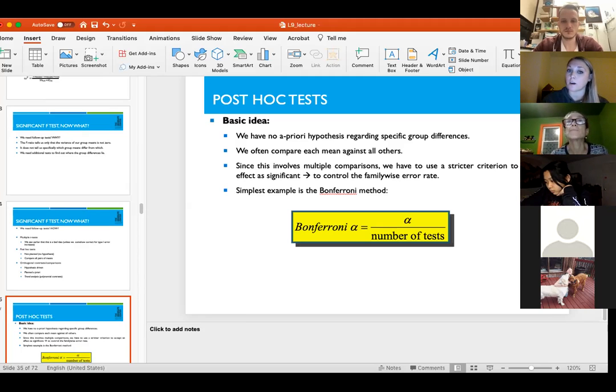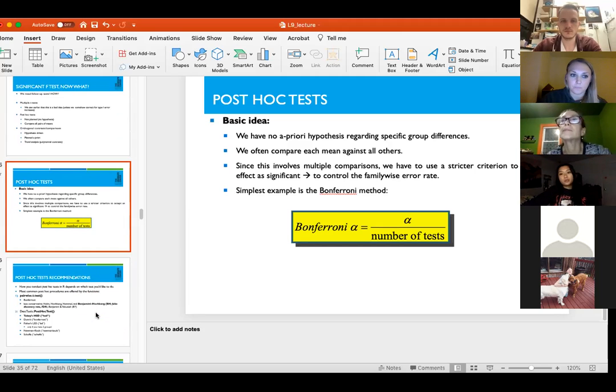So this is called your Bonferroni alpha or your family-wise alpha. If your standard alpha is 0.05 and you're doing 3 tests in our example, then you say alpha equals 0.05 divided by 3. Now this is your new value for what is deemed significant to control the family-wise error rate.